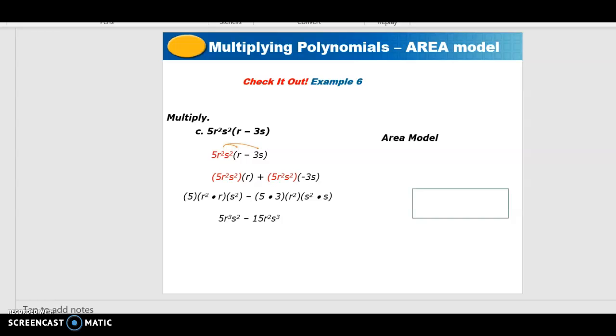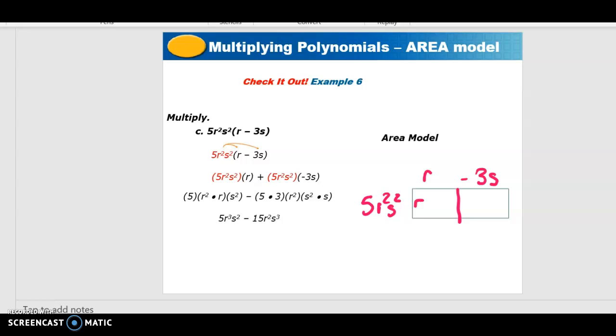Let's look at one more quick example. This is a little bit more complicated. We have a monomial that's kind of complex here, a 5r squared s squared, and here's a binomial, a single r and a negative 3s. It's okay, you can still do this. Now remember, when you're multiplying variables, you add their powers.